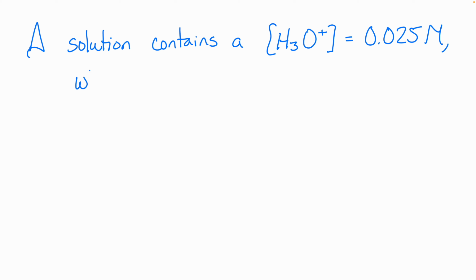And we want to know what is the concentration of hydroxide. All right, so everybody using that autoionization relationship, take a second and tell me what that concentration of hydroxide should be.